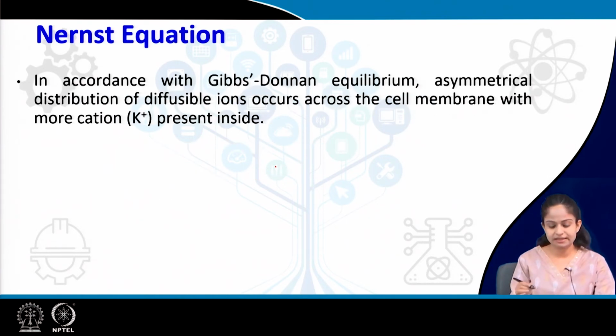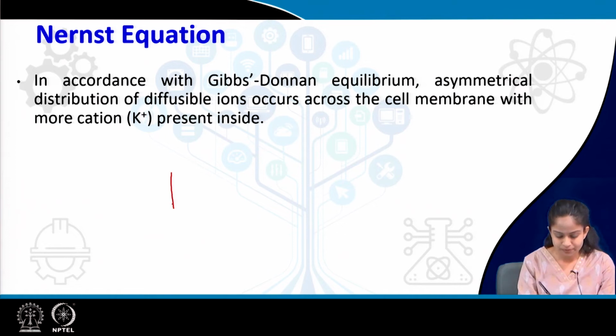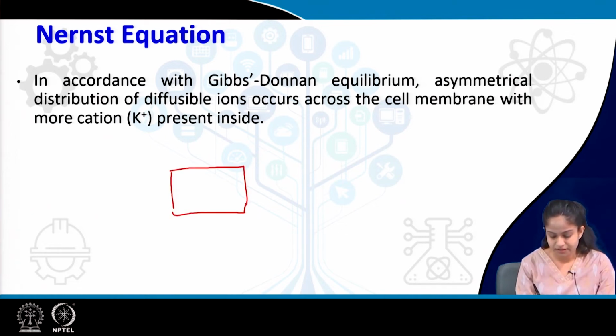Now, second we come to the Nernst equation. Apart from the Gibbs-Donnan effect, the Nernst equation is mainly because of one single ion. Now, how does one single ion contribute to equilibrium potential across the cell membrane? That we will see. Suppose we are considering a glial cell.